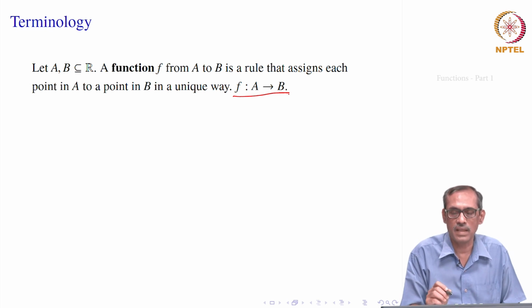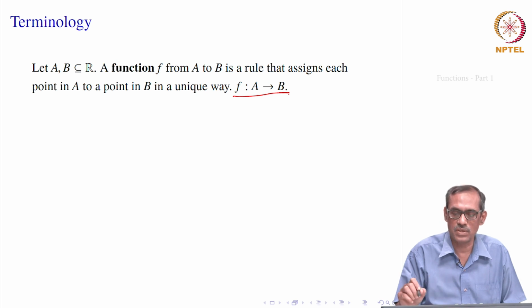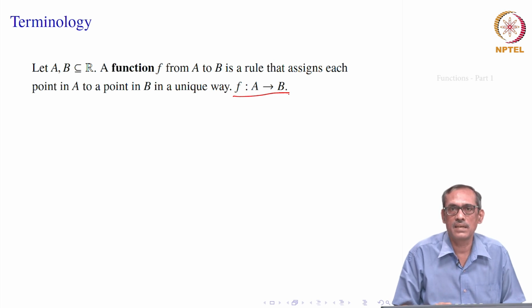It does not mean that all the elements in A are assigned to one particular element in B. It is not that; it can happen in some examples, but that is not what it says in general. It says that if you start with any particular number in A, then it is associated with another element in B, and that way of assignment is unique to this particular number you have chosen from A.